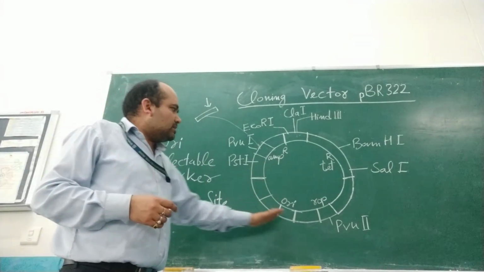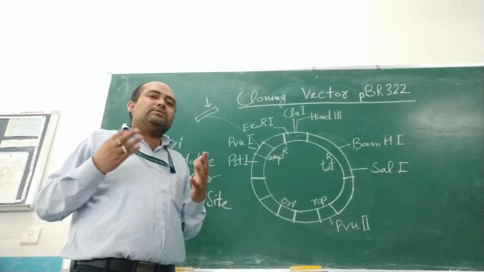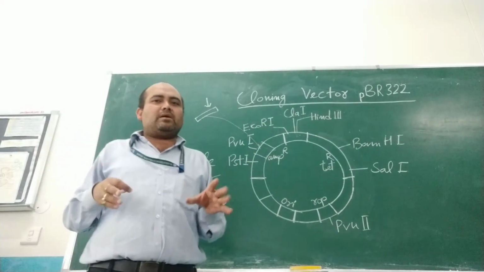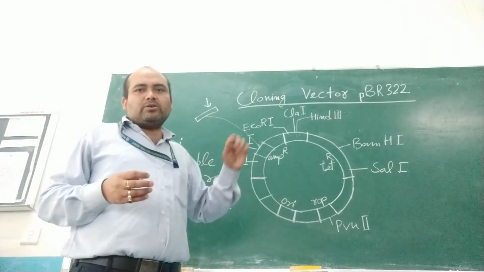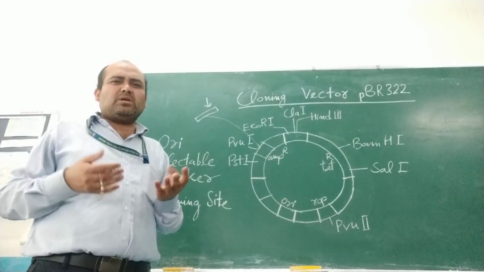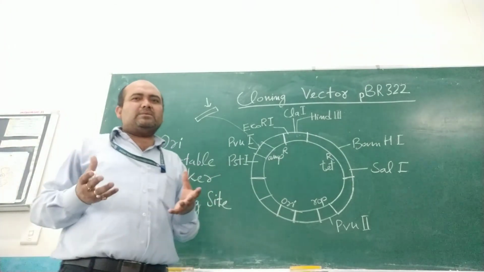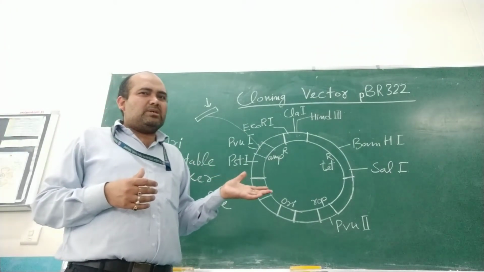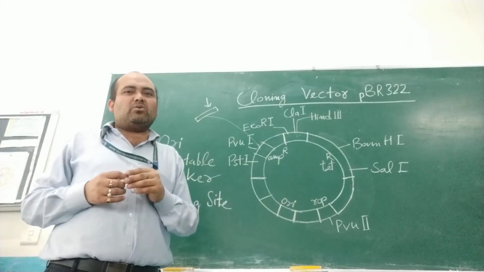By cutting this plasmid at any site, you can insert any type of gene, any type of product you want to form from biotechnology, such as insulin, estrogen, progesterone. There are a number of hormones and other products you can synthesize with the help of biotechnology. So this is a tool in the hand of biotechnology.